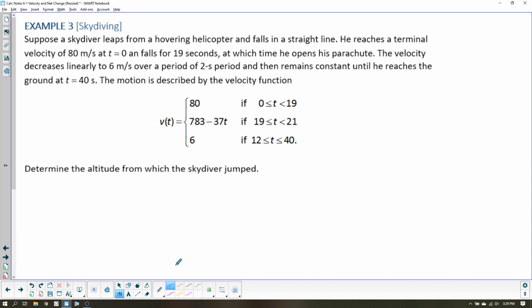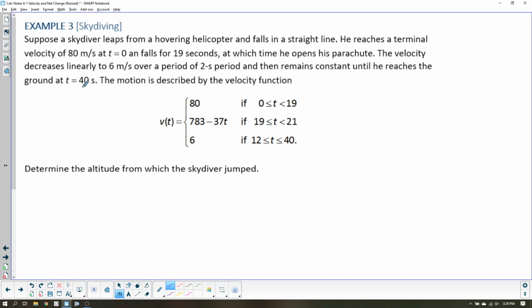All right, let's try another application. It's a little messier. It says, suppose a skydiver leaps from a hovering helicopter and falls in a straight line. He reaches terminal velocity of 80 meters per second at the starting time, just to make it convenient for us, and he falls for 19 seconds. At that time, he decides we better open the parachute, so he pulls the cord, and that starts to slow him down.